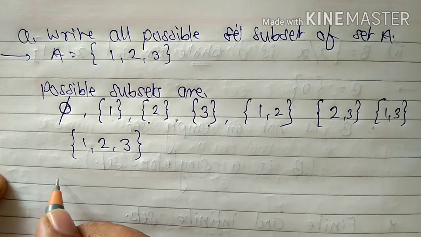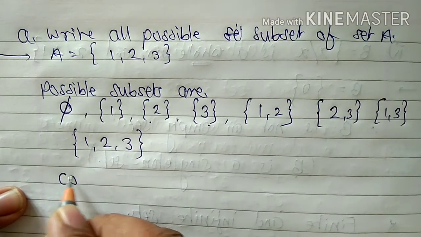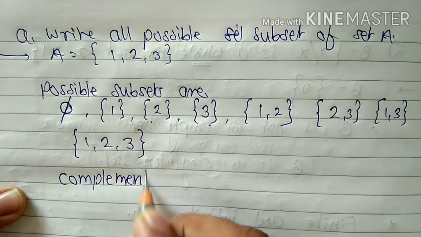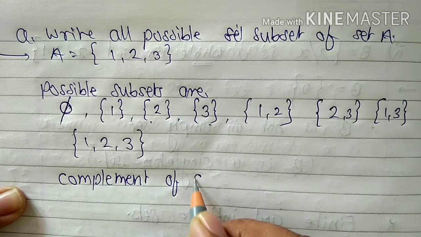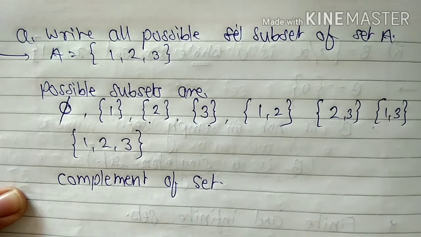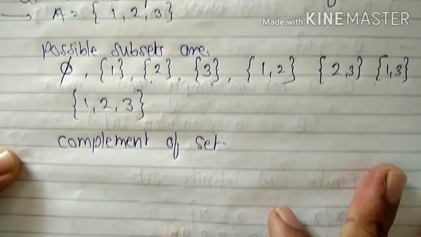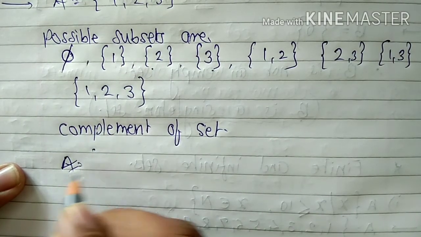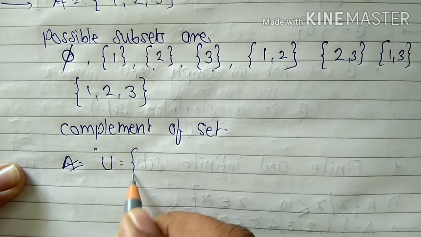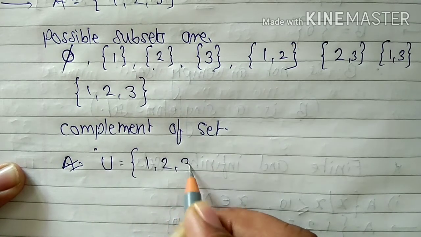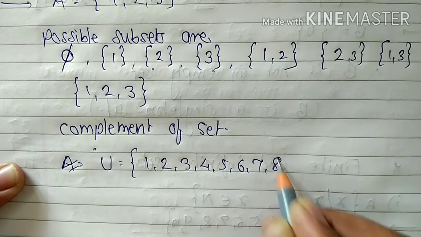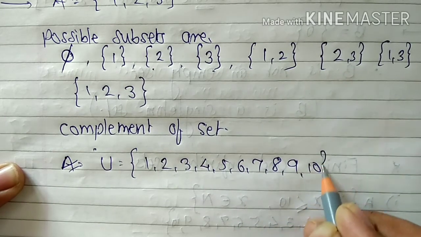Let us see the next concept, that is the complement of set. Suppose I have a set A. I am taking a universal set. It is from 1, 2, 3, 4, 5, 6, 7, 8, 9 and 10.